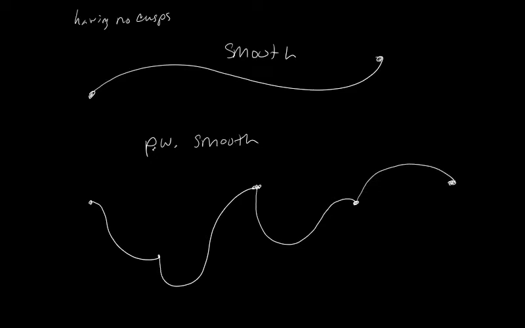So each one of these pieces, from here to here, that's a smooth piece. From here to here, that's a smooth piece. From here to here, another smooth piece. From here to here, another smooth piece. So it's a finite number of connected smooth curves, and all of these together are creating a curve C.